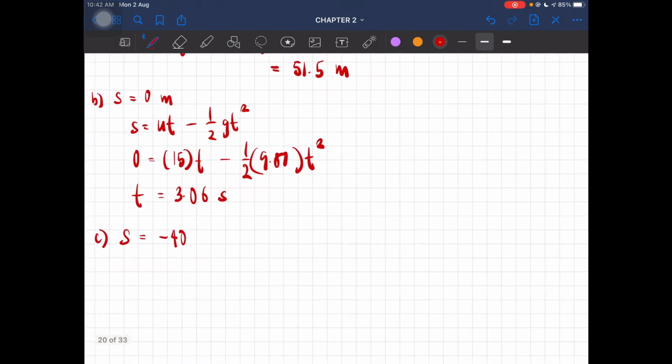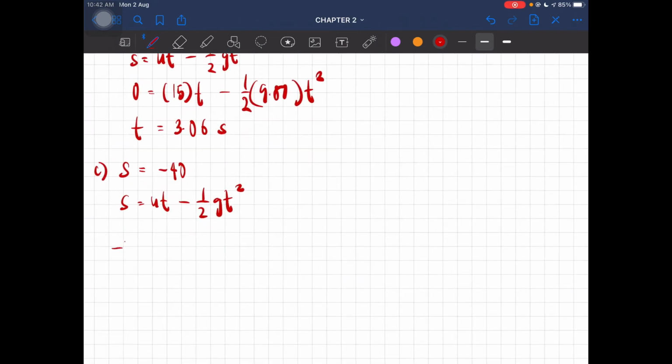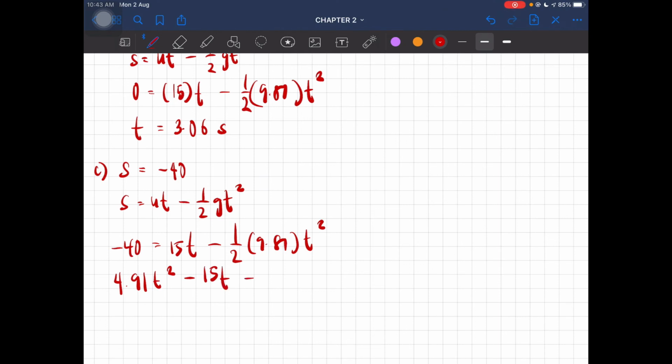Now we can use s equal to ut minus half gt squared. So negative 40 equals 15t minus half 9.81 t squared. Okay, so you'll reach a quadratic equation, and you'll then get the time to be 4.77 seconds. Only take the positive value.